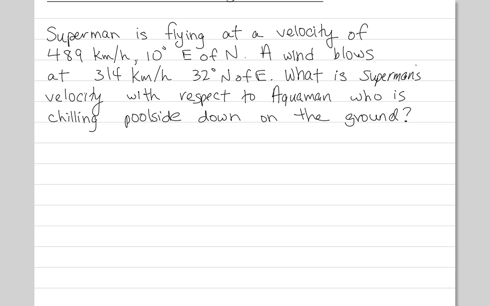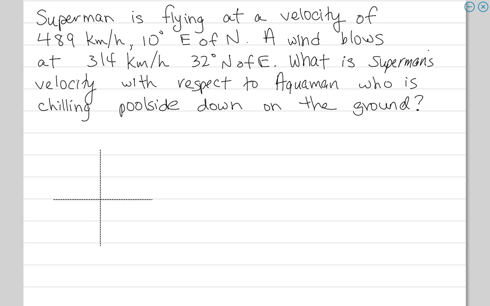Okay, so Superman. Let's draw that vector in for Superman. Give yourself a coordinate system. And where would you write 10 degrees east of north? So which quadrant are we in?